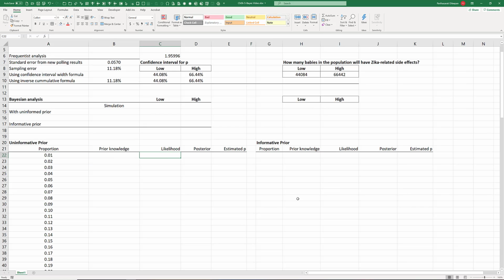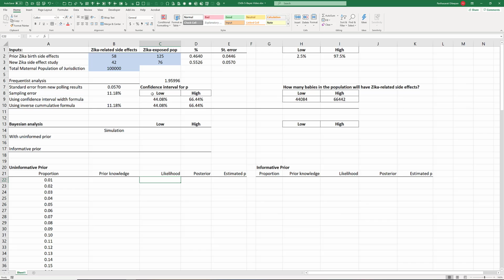The likelihood then is, if this is the probability of birth defect, what is the probability that out of 76 trials, 42 will be birth defects? That's just a straight binomial distribution.